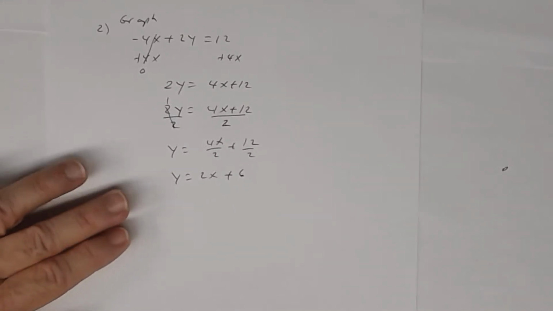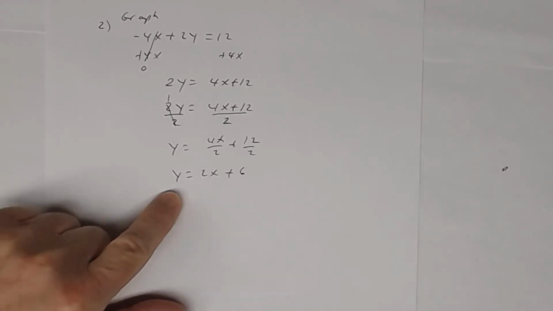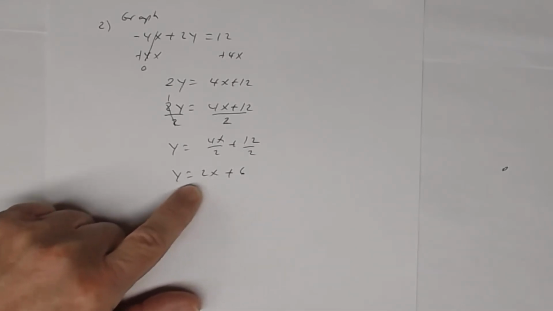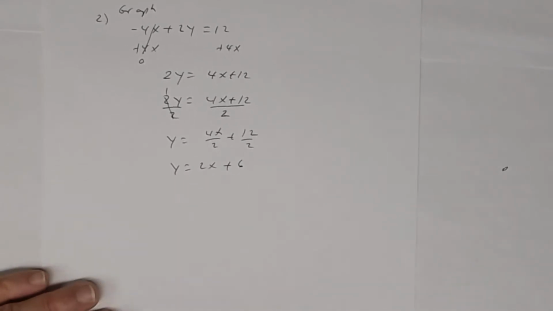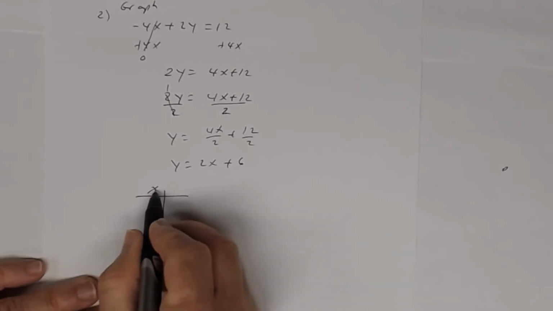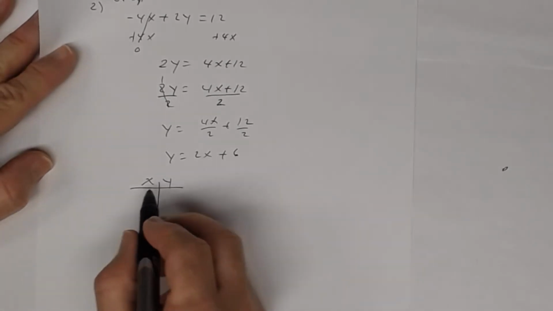Okay. So now notice y is by itself. So it's going to make things a lot easier for me. And notice there are no fractions involved, so that's a good thing. So now let's use a t-table. When I do a t-table, a nice number to use for x is 0.